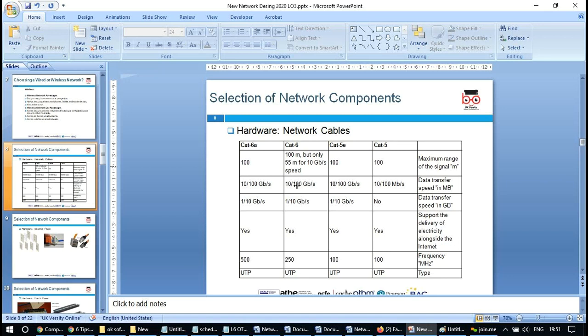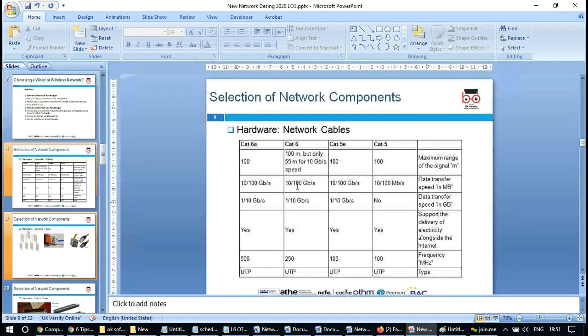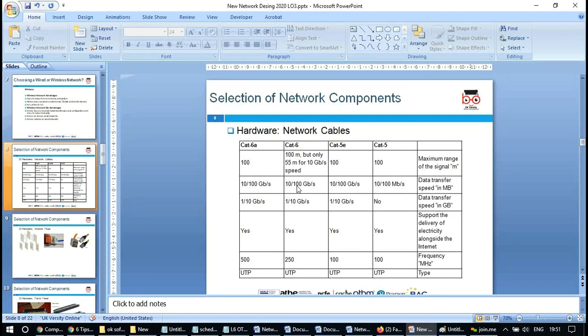They have ranges of what signals they can support, how many Mbps they can support, and furthermore whether they can be kept alongside electricity, and at what frequency they operate, isn't it? For further detail you can always go through them, and when selecting a cable and looking at your requirement, you can always select the best optimal cable.